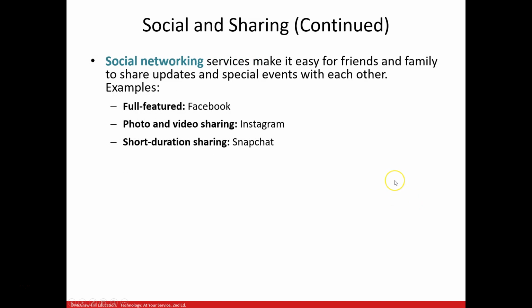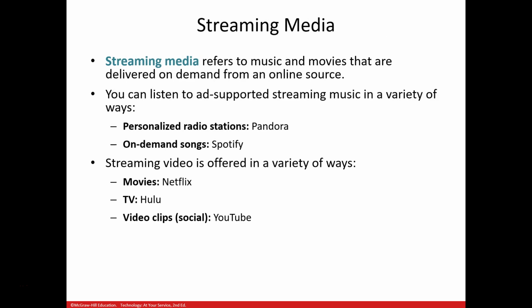Social networking. Many of you, I think, are good at social networking. These are services that make it easy for friends and family to share updates and special events with each other. Streaming media refers to music and movies that are delivered on demand from an online source, like podcasting, when you listen to the news live directly from your computer.